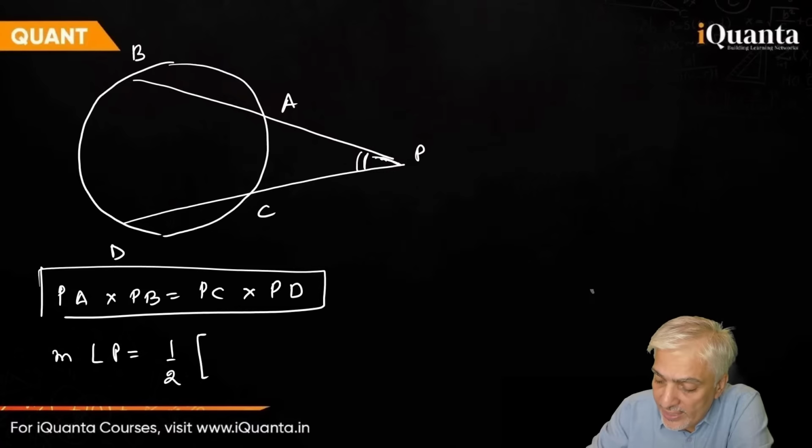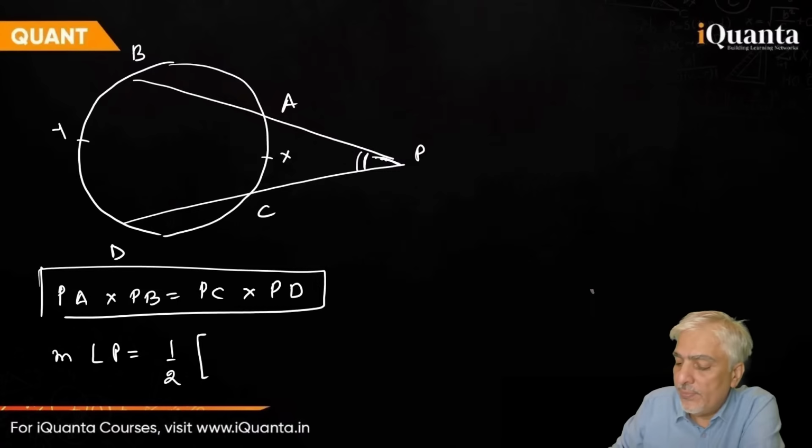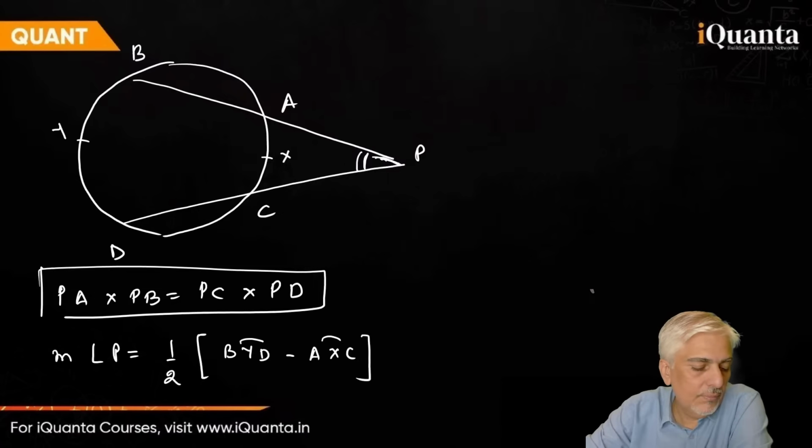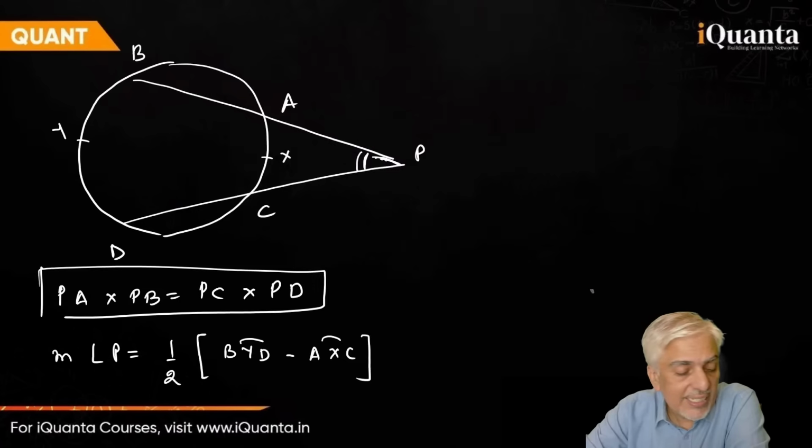So if you look very carefully, it intercepts two arcs. This is BYD and AXC. So it will be half of BYD minus AXC. Right? Everybody got that? So this property, I have at least noticed people don't remember so well.